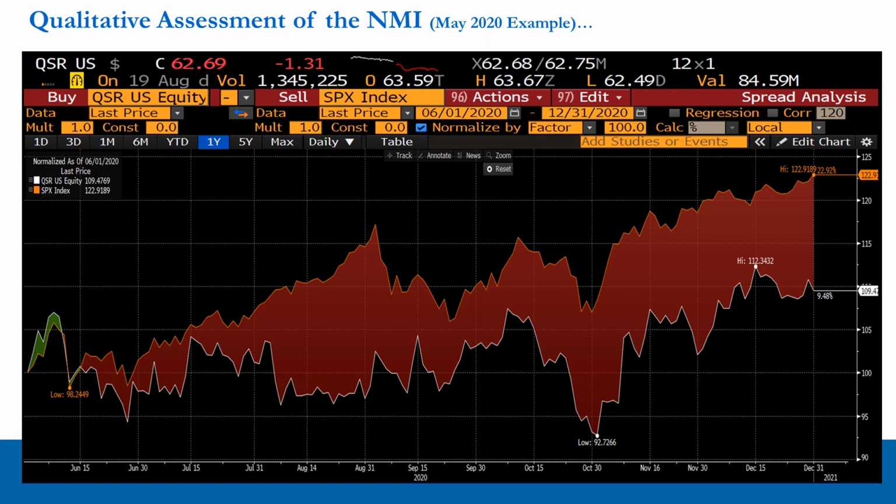So this industry was giving no visibility in the qualitative statements in the NMI. And you can see the stock performance versus the S&P 500. The stock was up during that period around 9%, and the S&P 500 was up 23%. So you're looking at basically a 14% underperformance of QSR versus the S&P 500 during that time.